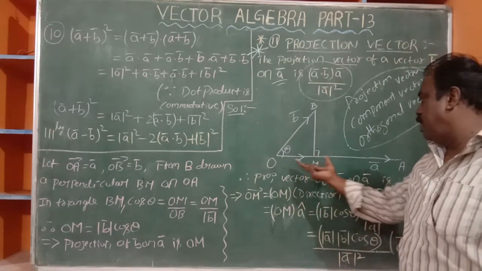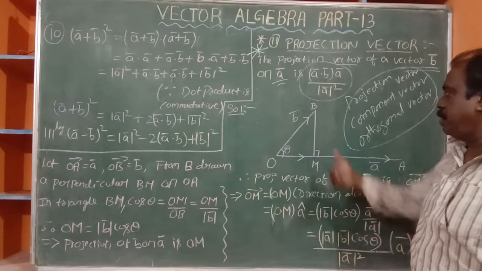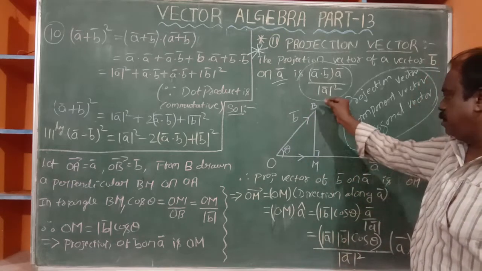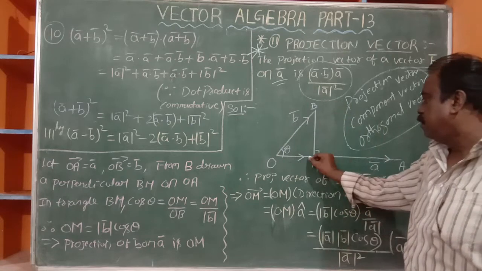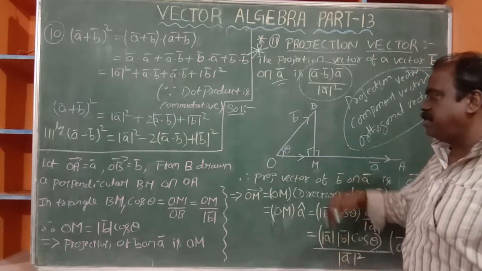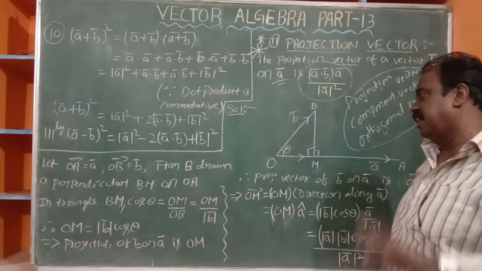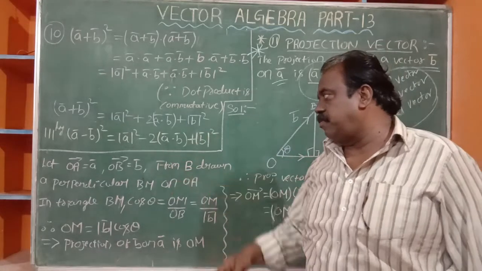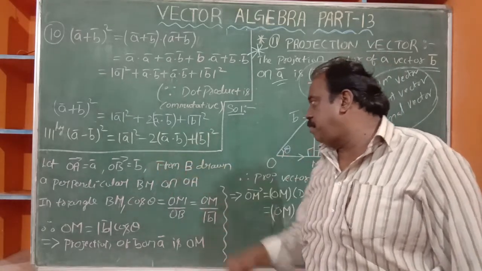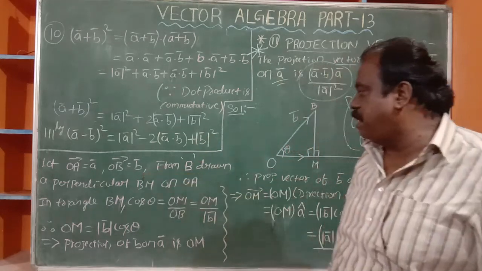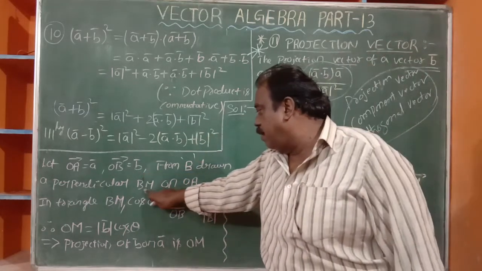Geometrically observing, OA is a bar, OB is b bar, and theta is the angle. From B drop a perpendicular BM meeting OA at M. Then OBM is a right triangle. A bar is OA, OB bar is b bar. From B a perpendicular BM is drawn on OA.